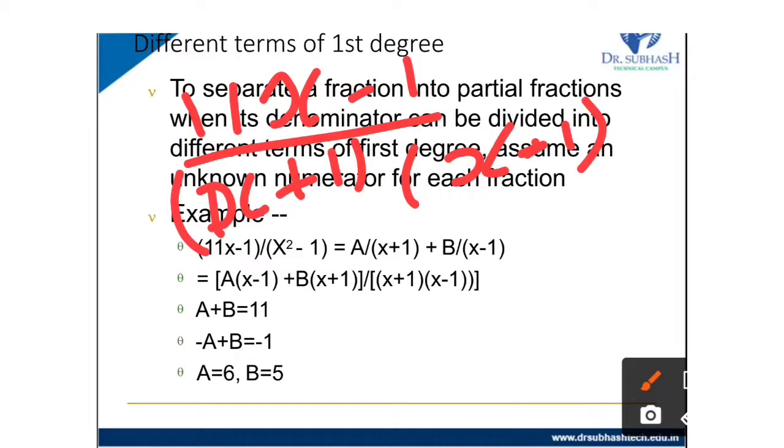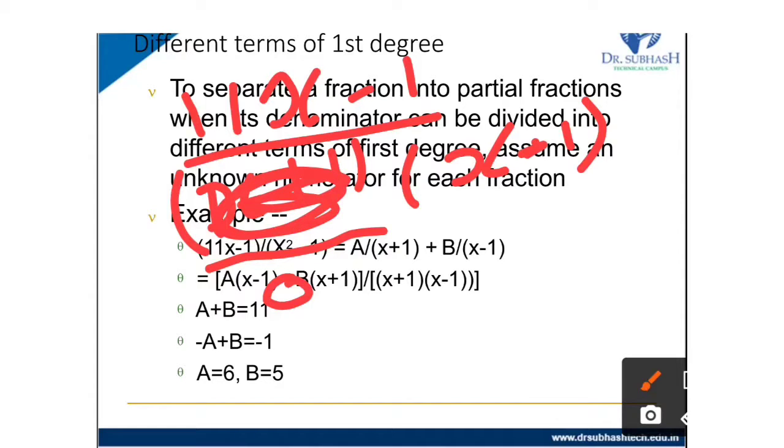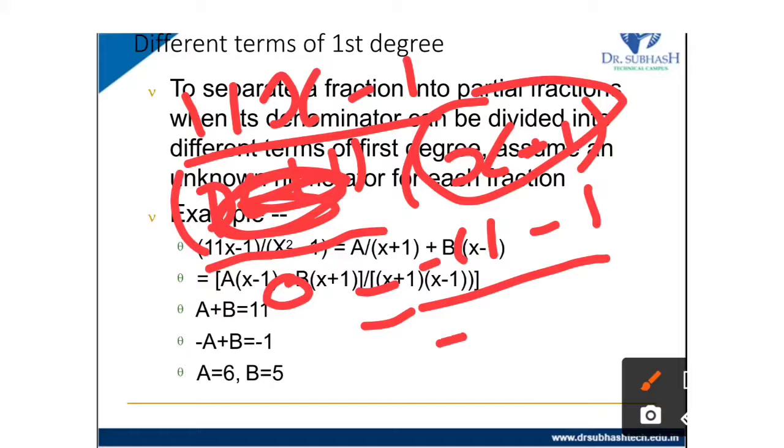Now the next term, x plus 1. Here if we put x equal to minus 1, then it becomes 0. So we have to put x equal to minus 1 in this equation and remove this portion. So 11 times minus 1 equal to minus 11, minus 1, divided by minus 1 minus 1.